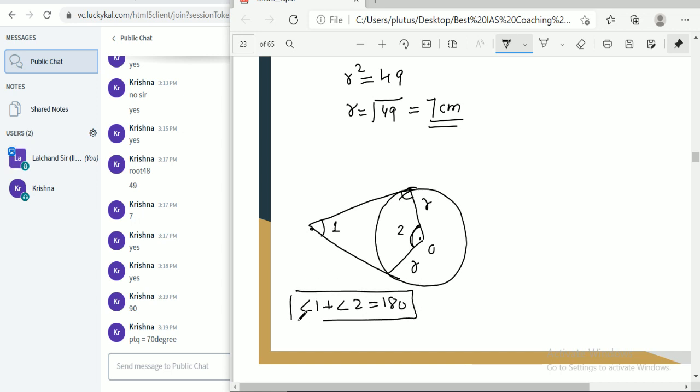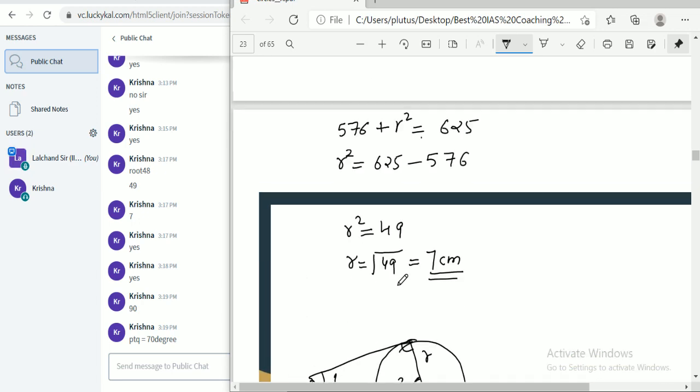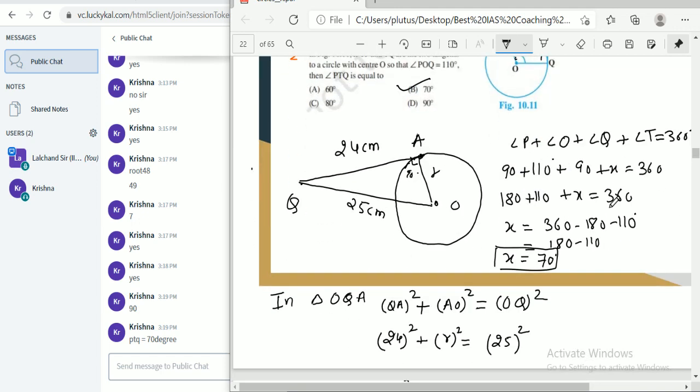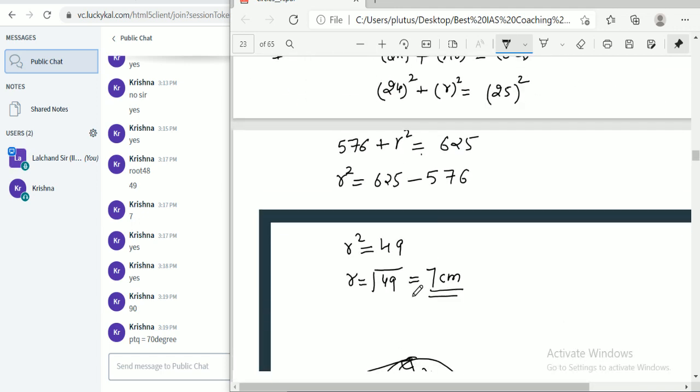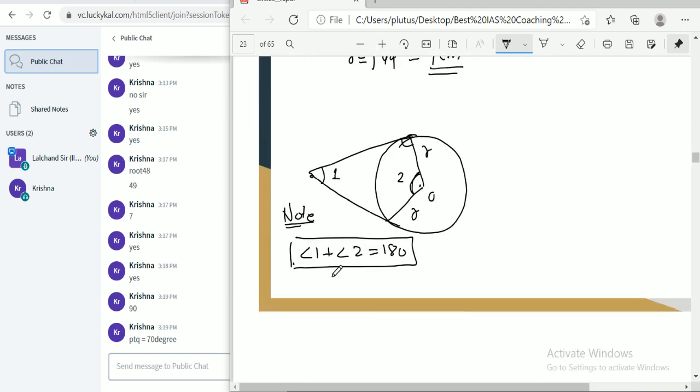This is a direct result, so you need to remember this. We need not apply the quadrilateral sum property here. We can directly use this result: the sum of angle 1 and angle 2 should be 180 degrees if these two are tangents to the circle from an external point P.